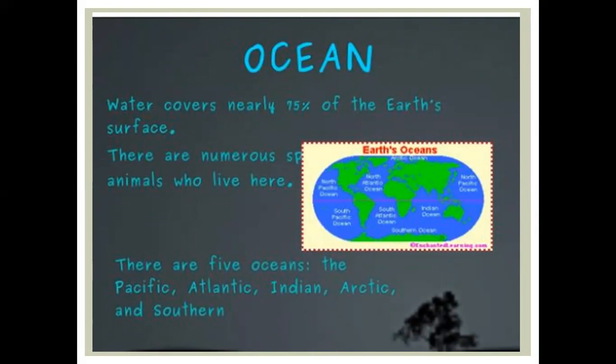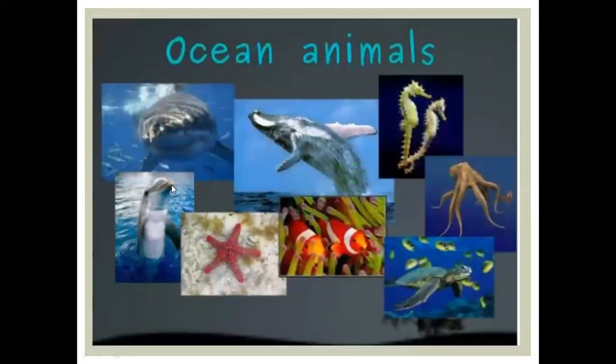Now we are going to talk about oceans. We have five oceans: Pacific, Atlantic, Indian, Arctic, and Southern Oceans. Ocean animals means those animals that live in water. Here are some examples of ocean animals, or you can say water animals.